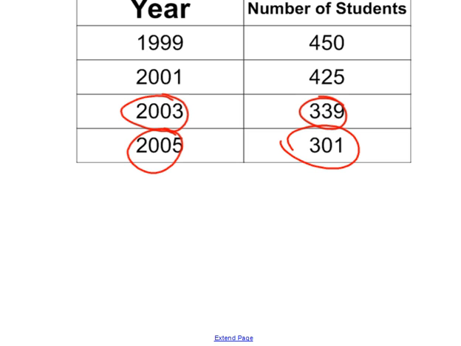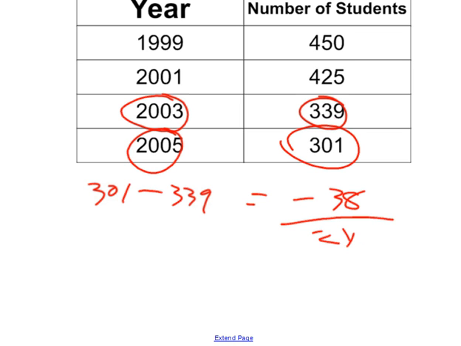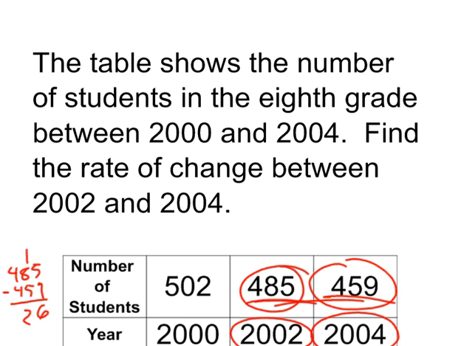So 301 minus 339 indicates a negative, a drop of 38 students in 2 years. So I reduce that here and I say negative 38 divided by 2 is negative 19 students per year is what the drop is, the drop in students.